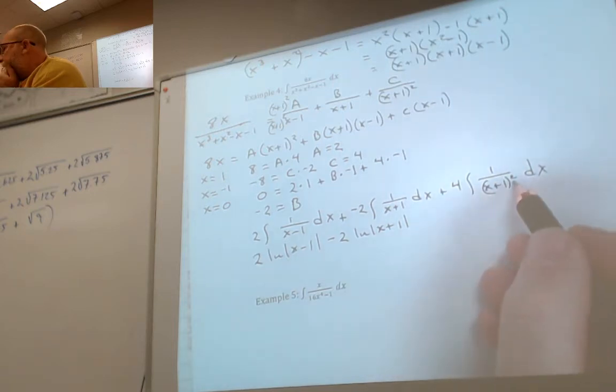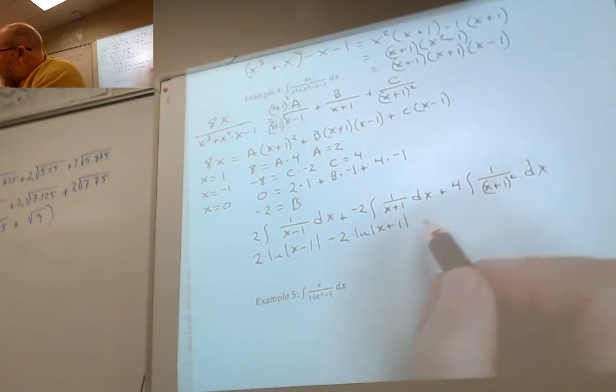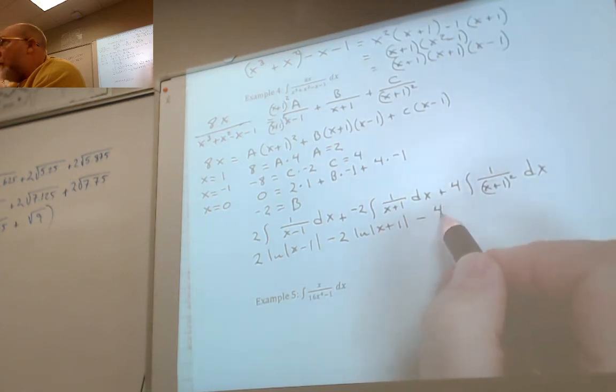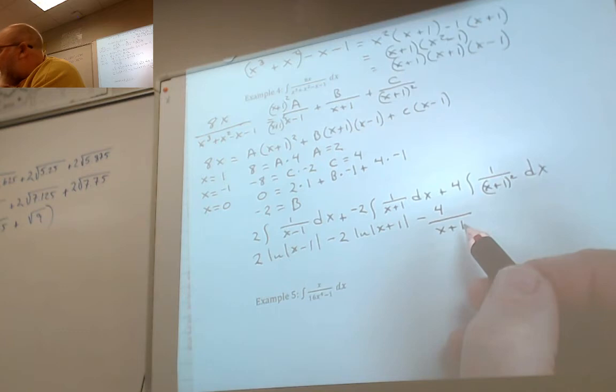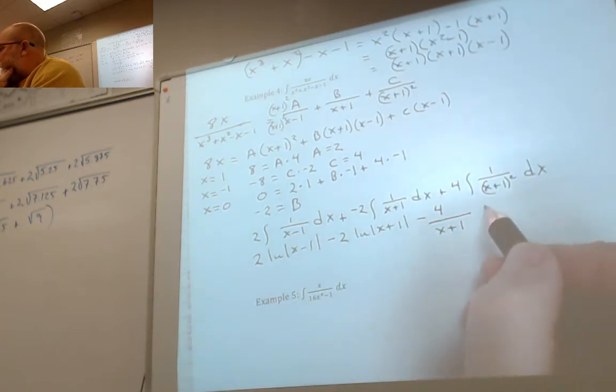Okay, it's a negative 2, correct? You gotta remember that. It's not a fraction. It would be negative 4, right? It becomes negative over what? X plus 1 to the first power, because a negative 2 plus 1 is a negative 1, and that's what you're going to get, plus c.